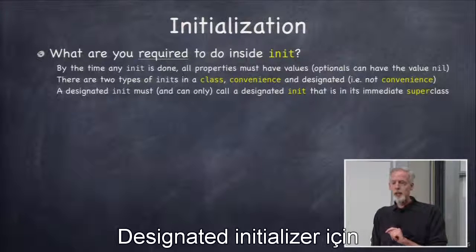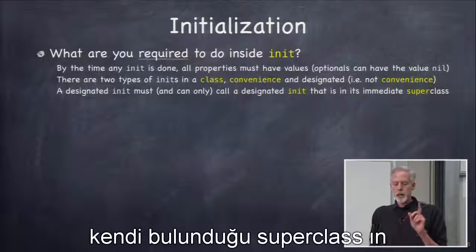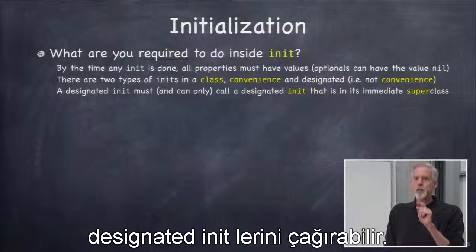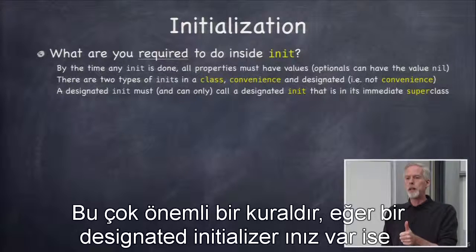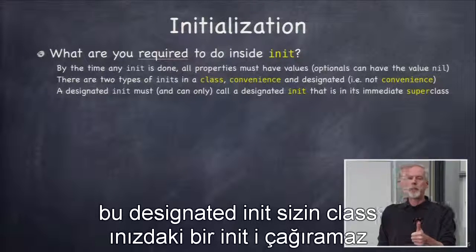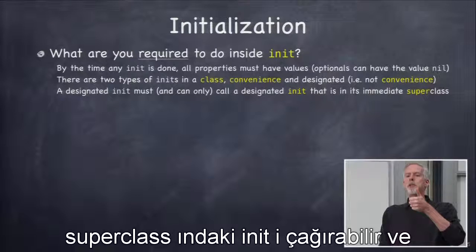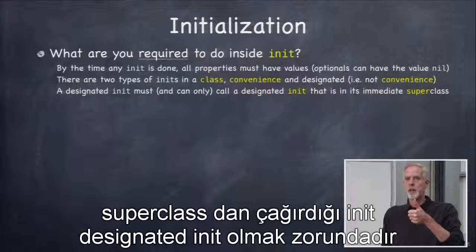A designated initializer, one that doesn't say convenience in the front of it, has to and can only call a designated initializer in its superclass. It's a very important rule. If you have a designated initializer that doesn't have the word convenience in front of it, it can't call another init in your class. It has to call a superclass's init, and it has to be a designated initializer, not a convenience initializer, in the superclass.